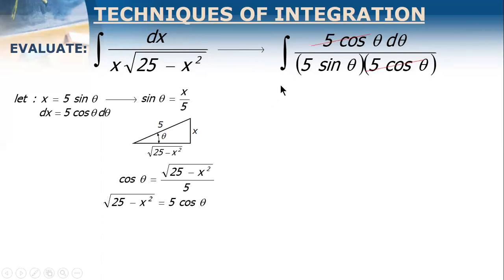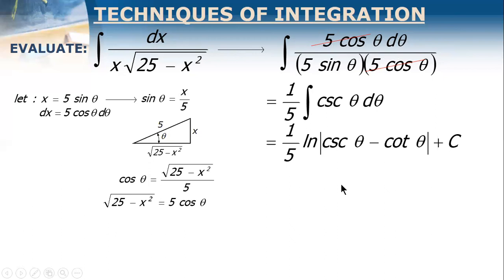So what is left is 1/5 integral of d theta over sine theta, which is 1 over sine is cosecant. And this is a standard form. Integral of cosecant theta is simply ln of cosecant minus cotangent.